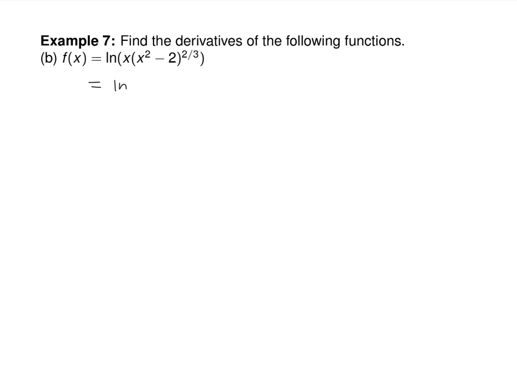That's the same thing as log of the first thing plus log of the second thing, right? And then what else can you do? Pull the 2/3 down. Is this logarithmic differentiation?